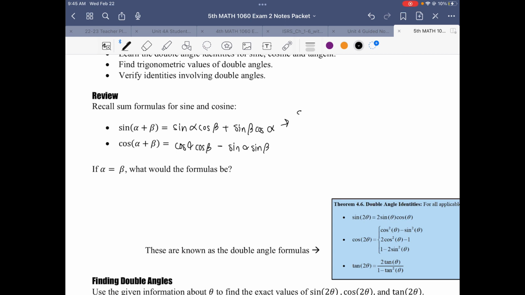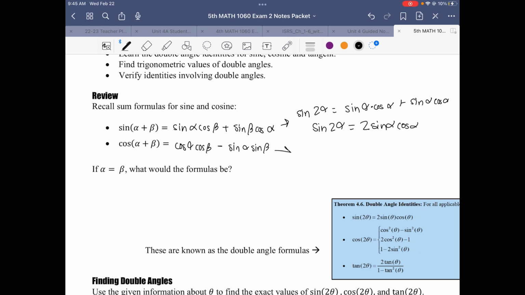The sine of 2 alpha would equal the sine of alpha times the cosine of alpha, plus the sine of alpha times the cosine of alpha again. They're identical, right? So then the sine of 2 alpha would equal 2 sine of alpha cosine of alpha.